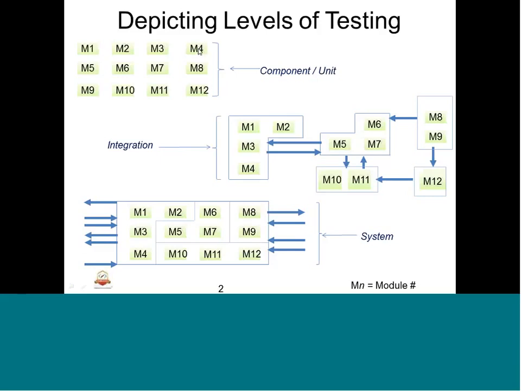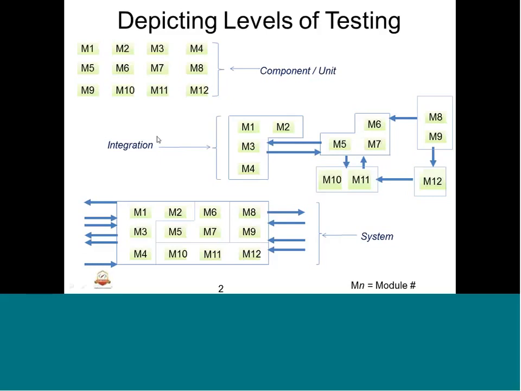Whatever interfaces that component has, or whatever input it takes and output it produces, at that level we need to test it. Of course, there are subsystems which may have more subcomponents, like M4 may have M4.1, M4.2. You can combine that. It is up to the test strategy team how they want to define it. But in a nutshell, the basic modules we have identified will be used for component testing or unit testing.